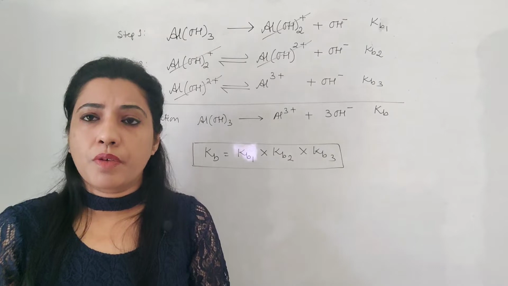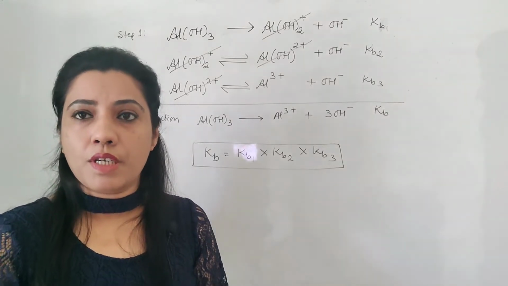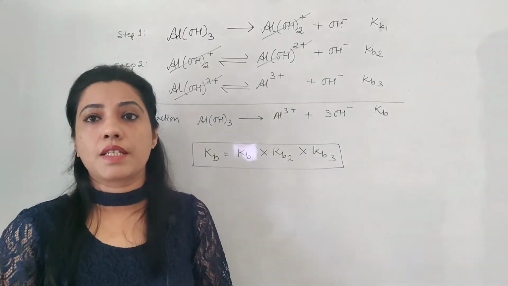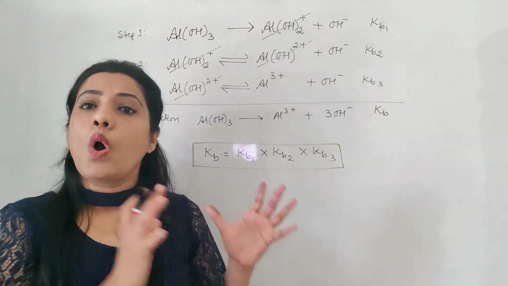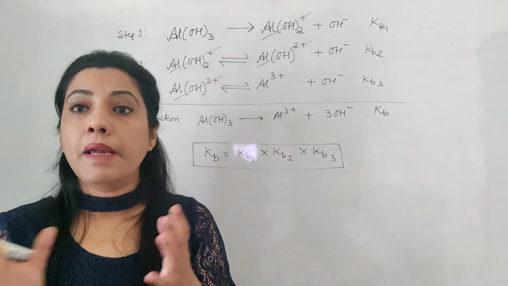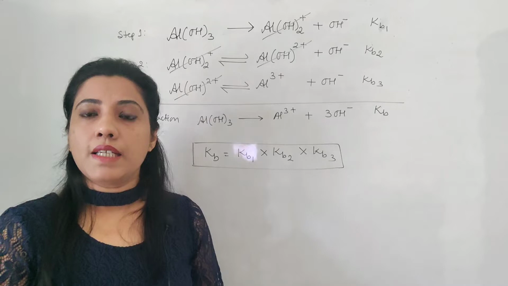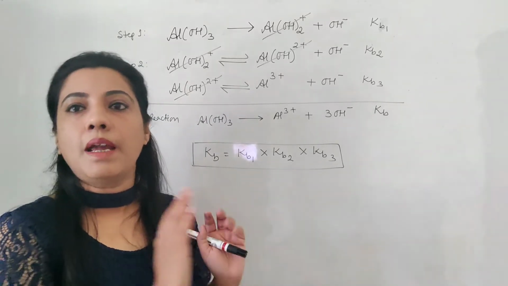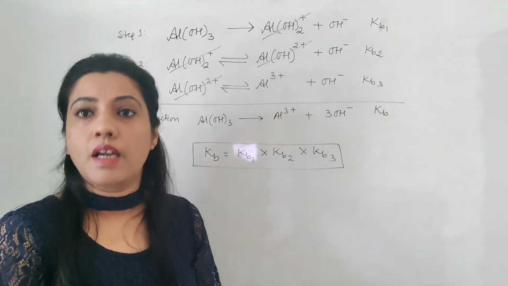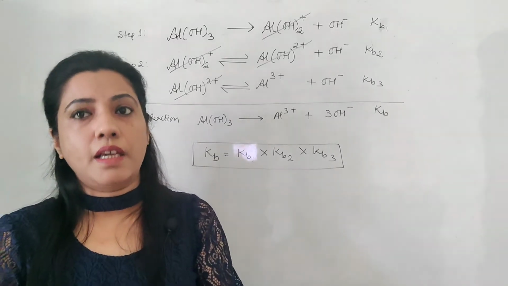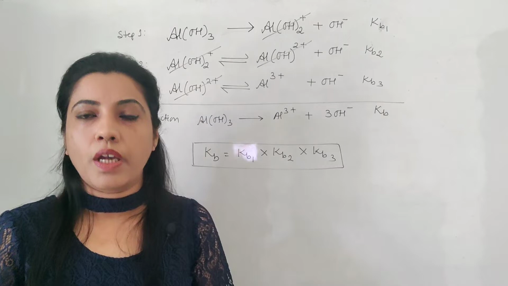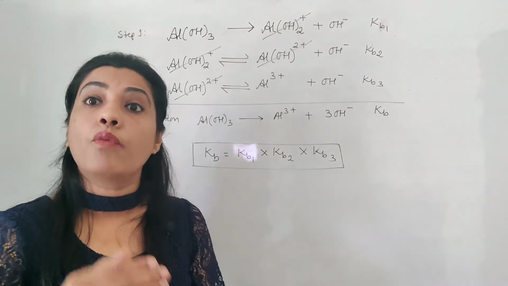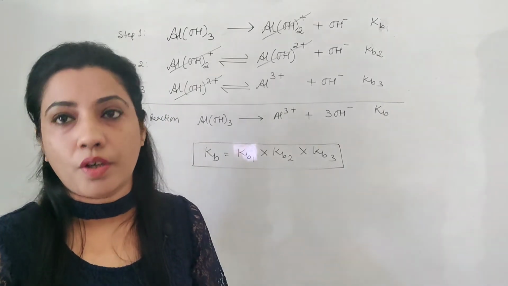Now, you might be observing that sometimes I say equilibrium constant, sometimes I say ionization constant, sometimes I say dissociation constant. All these words mean the same thing. Only thing is that the equilibrium constant for an acid is given a special name, that is ionization constant of an acid. Equilibrium constant of a base is ionization constant of a base. Similarly, equilibrium constant of water is called the ionic product of water.